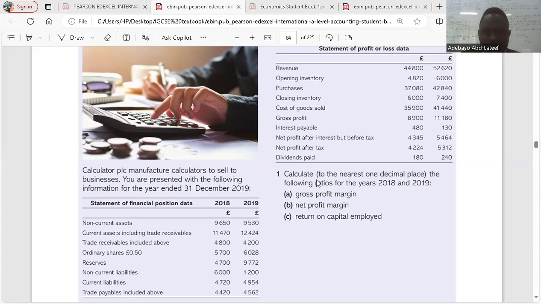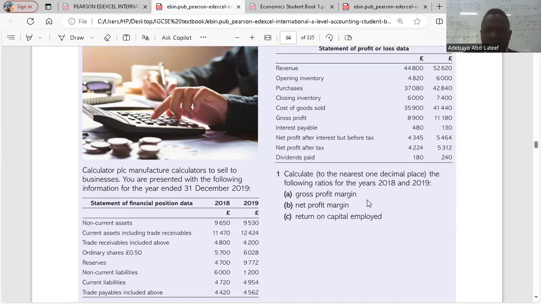Now, how do we get our capital employed? Our capital employed is, one, the issued shares, which is 5,700 for 2018, plus reserves, which are 4,700, plus non-current liabilities, which is 6,000.